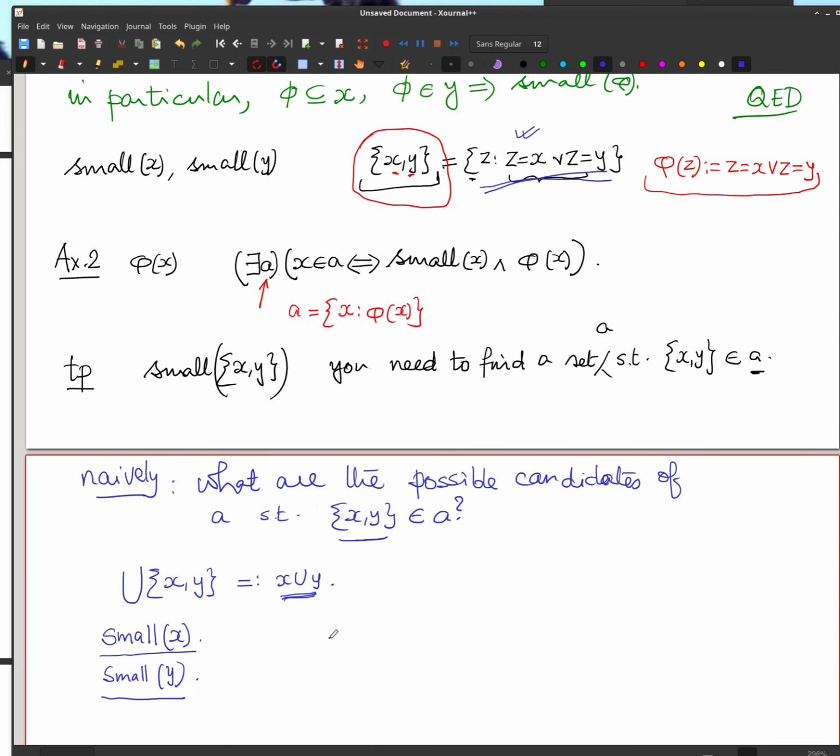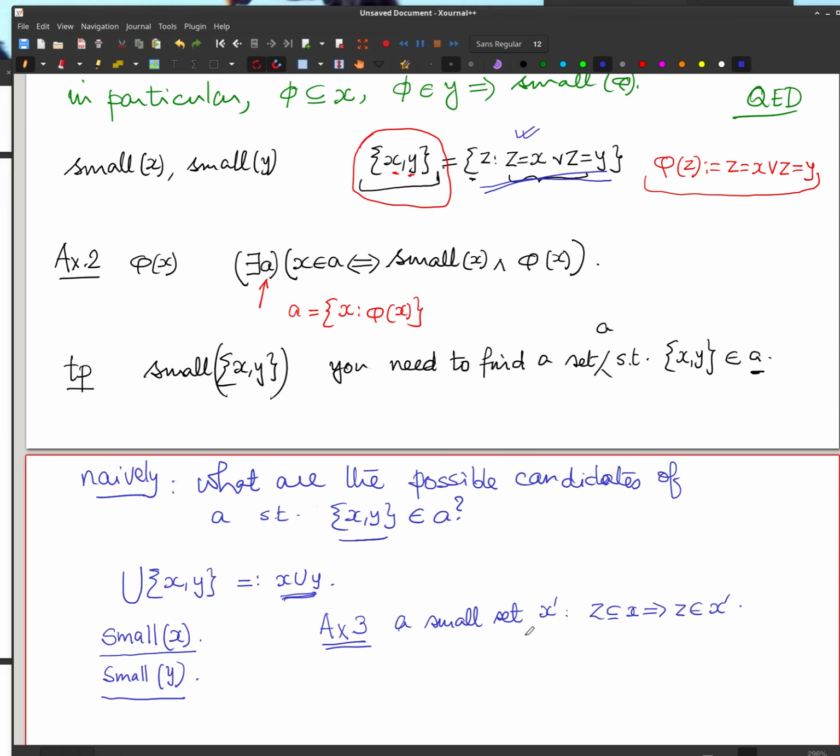It gives a small set, say x prime, with the property that whenever z is a subset of x, z belongs to x prime.